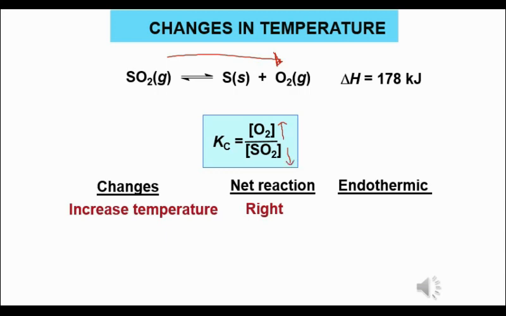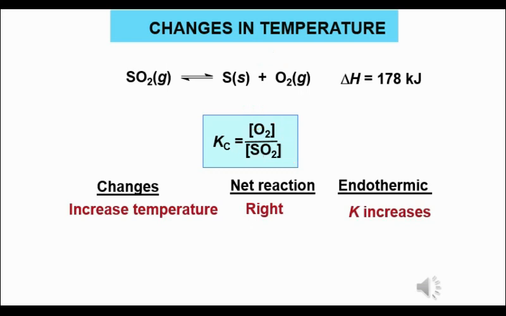So in a fraction calculation, when we have a bigger number divided by a smaller number, it will give a bigger number. So equilibrium constant K will increase when we increase the temperature in an endothermic reaction.